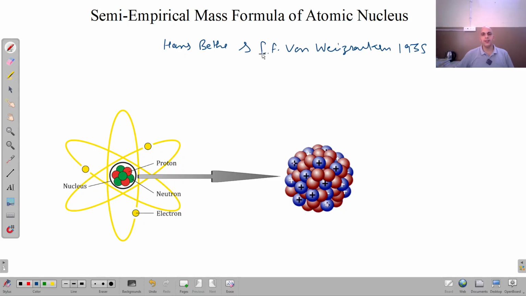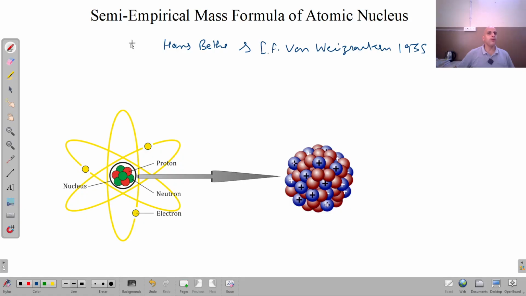Bethe and Carl Friedrich von Weizsäcker in 1935. So sometimes we also call it the Bethe-Weizsäcker formula, right? Now this formula is semi-empirical in nature.